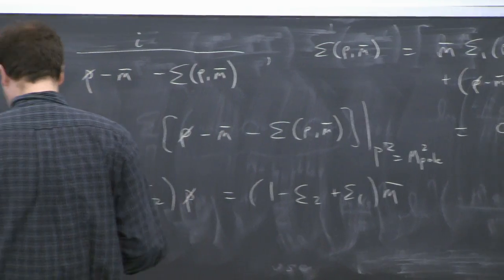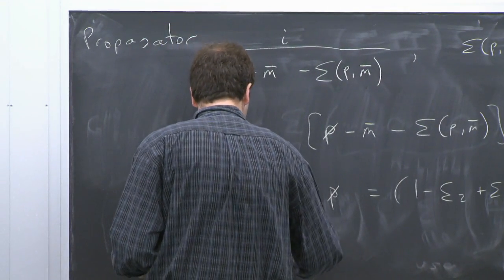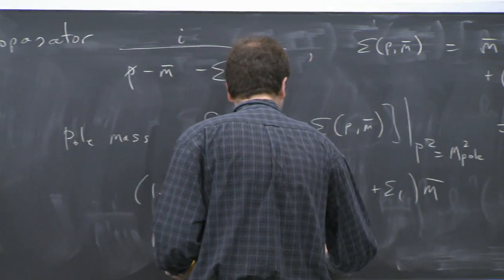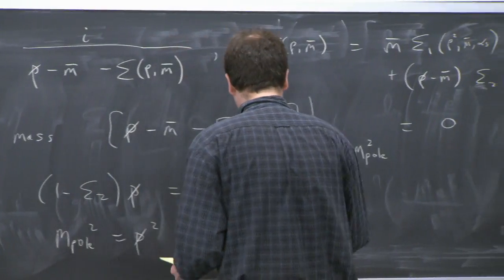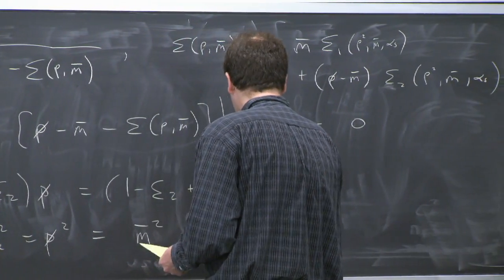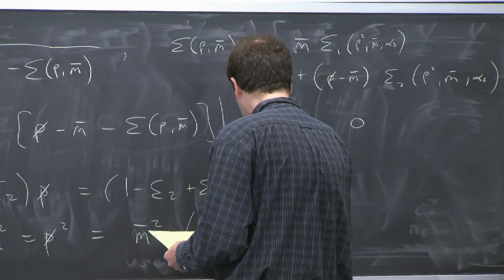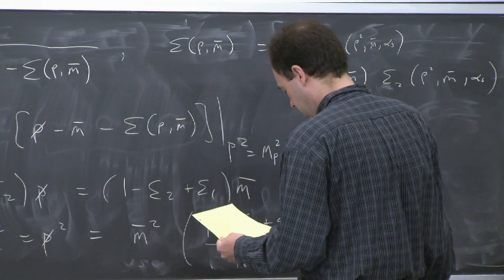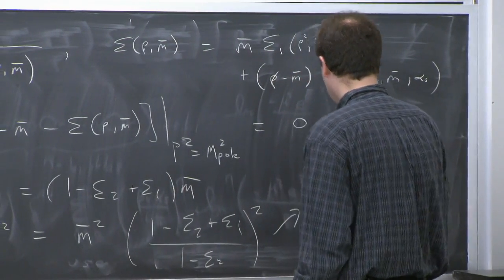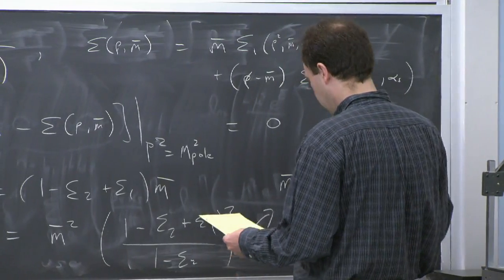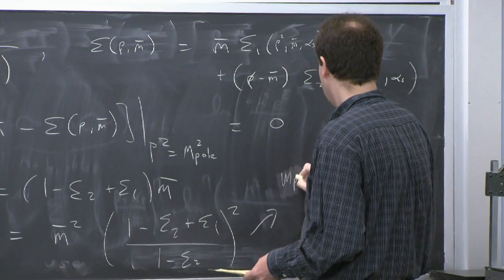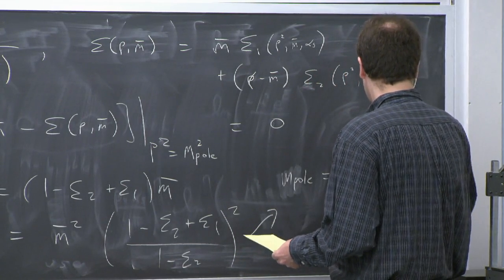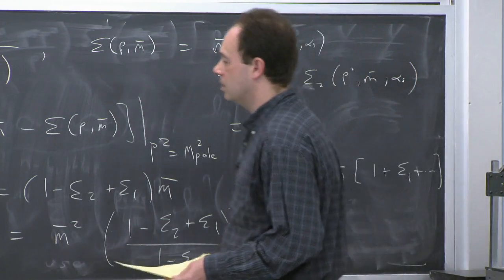Which I can write as an equation like that, and then I can square it. So m pole squared, which is p slash squared, m bar squared, this thing squared. And if you just think about what that gives, this is giving some equation that looks like m pole is m bar, and then 1 plus sigma 1 plus the extra stuff.